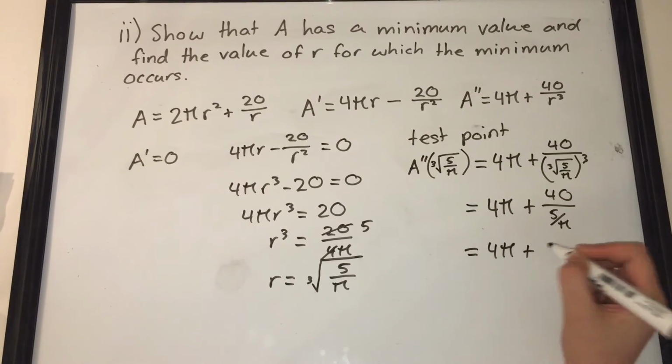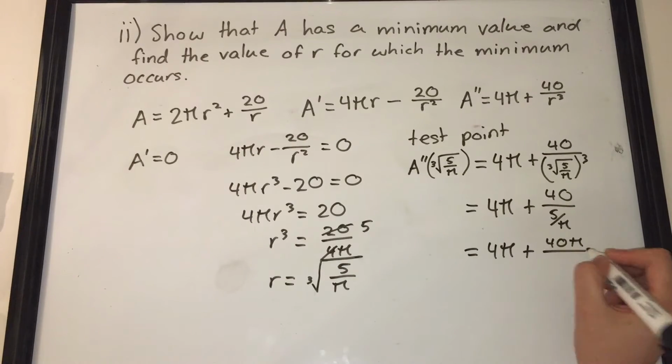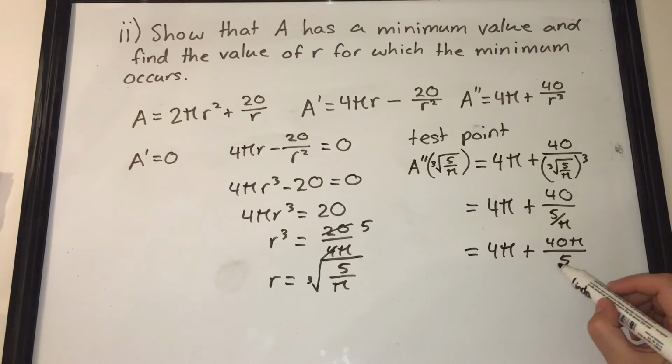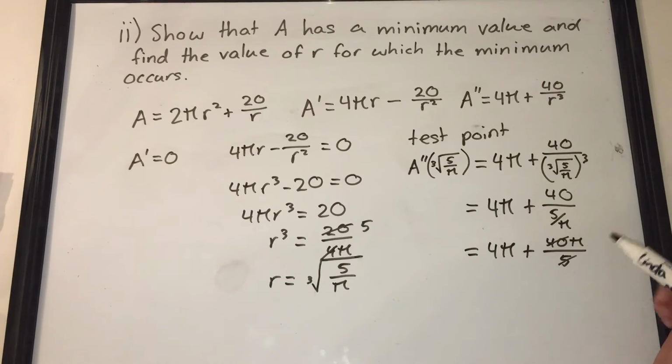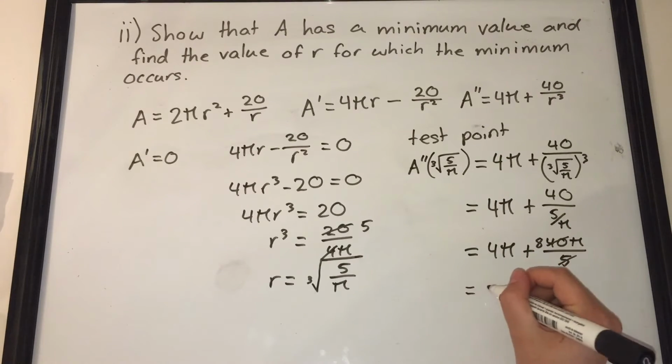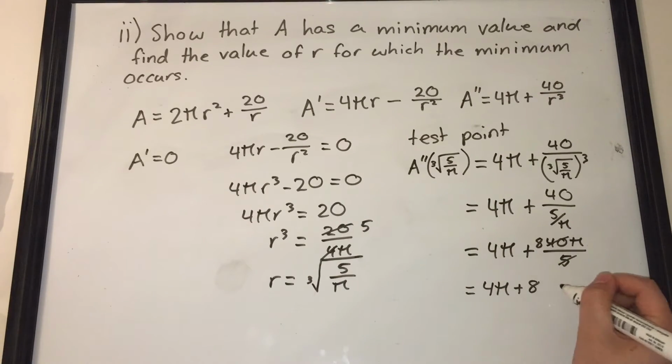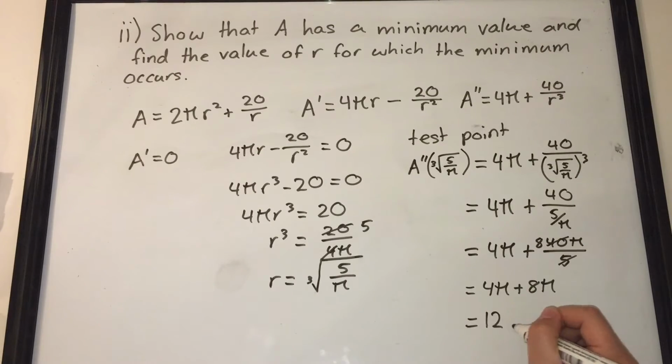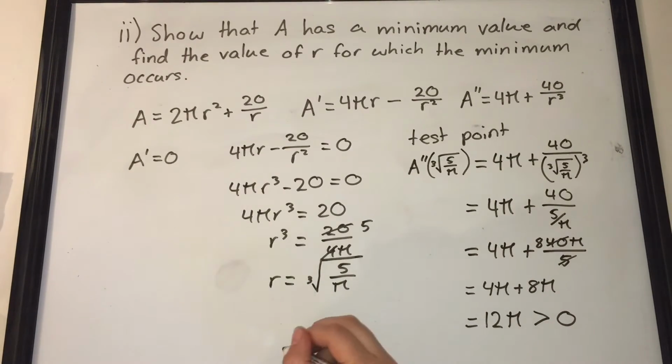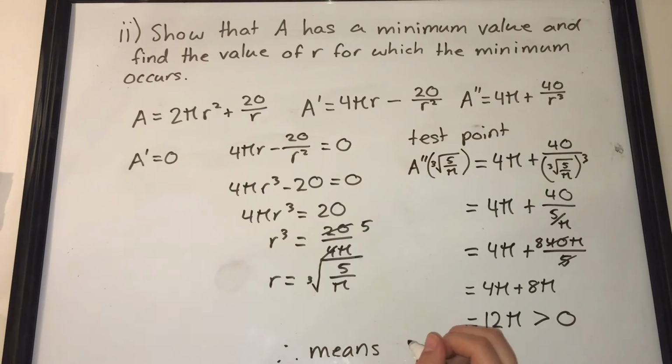You can simplify this by putting the pi up the top with the 40, so it ends up with 40 pi over 5, which you can cancel down to 8 pi. So we end up with 4 pi plus 8 pi, which equals 12 pi, which is greater than 0, which means this is a minimum point, which is exactly what we're looking for.